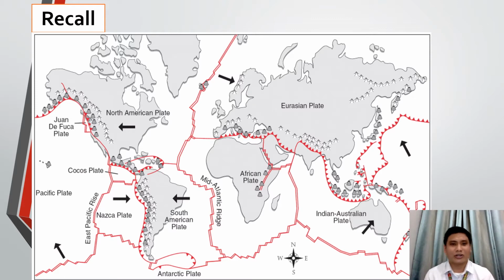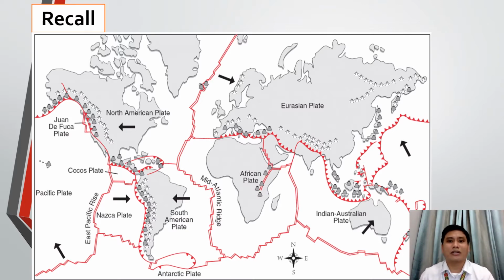So on this picture, you can see again the examples of a plate that we have all over the Earth's lithosphere. We have the Eurasian plate, North American plate, Pacific plate, African plate, and others. Now, if we will try to notice, there are arrows here that are used to represent the plate movements.